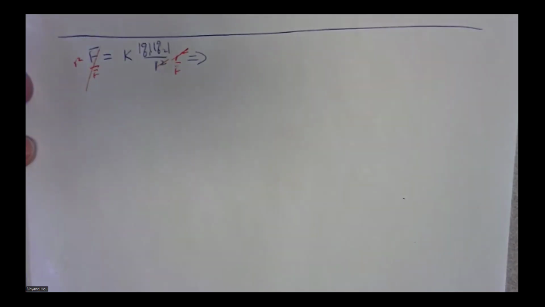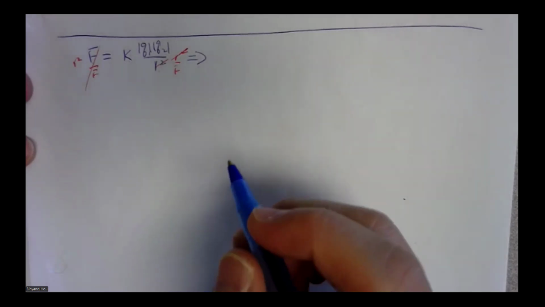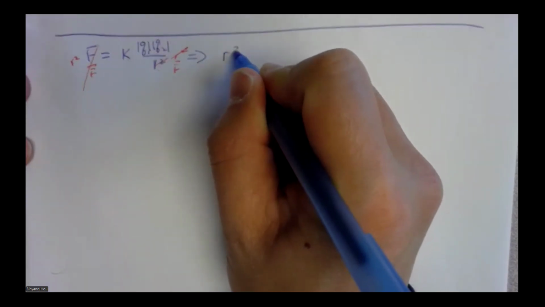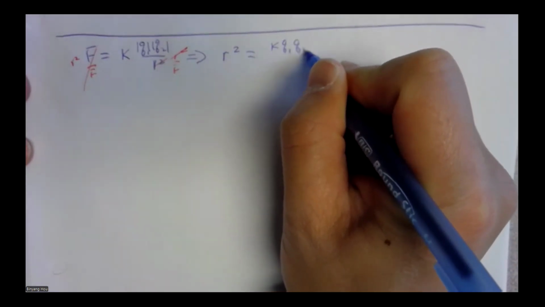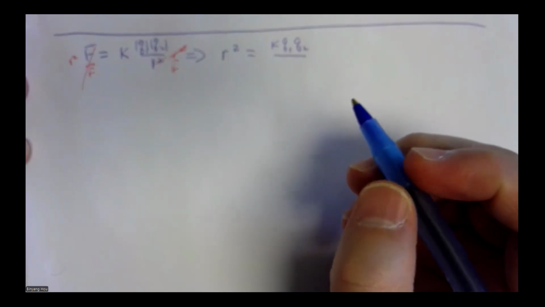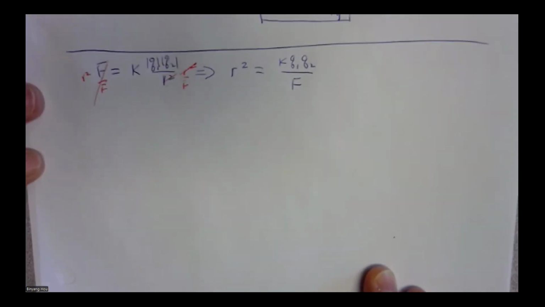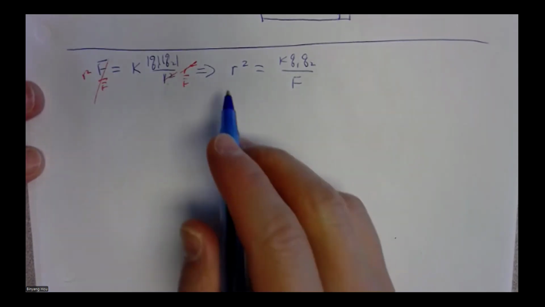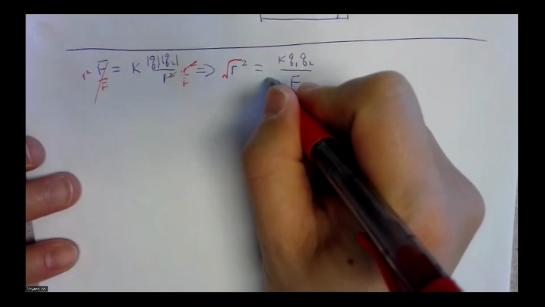So R squared is on the left-hand side and the rest on the right-hand side. R squared equals K Q1 Q2 divided by F. We'll just use Q1, Q2 because they are both positive. To find R, we take the square root of both sides.